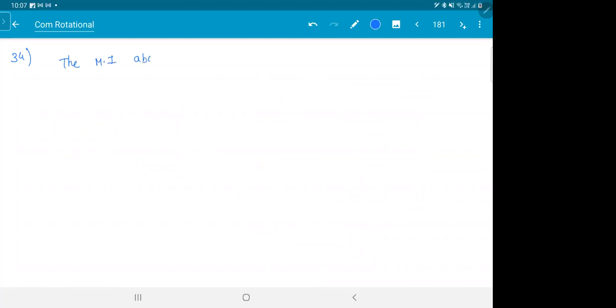The moment of inertia about a body is given by I is equal to 3x square minus x plus 7. Find moment of inertia about center of mass. Nothing is given. What body, what shape, radius, nothing is given. They simply said the moment of inertia is depending on x. Then find moment of inertia about center of mass.